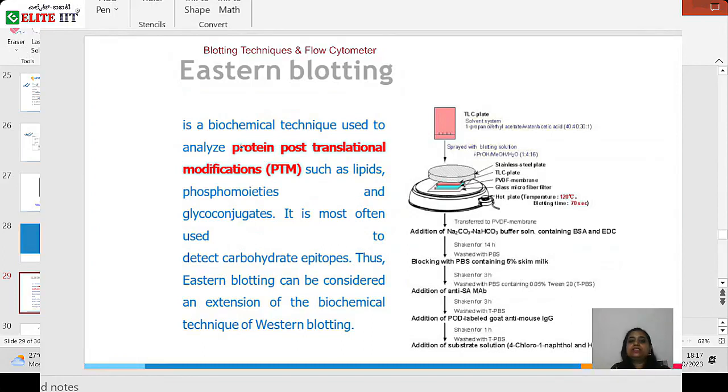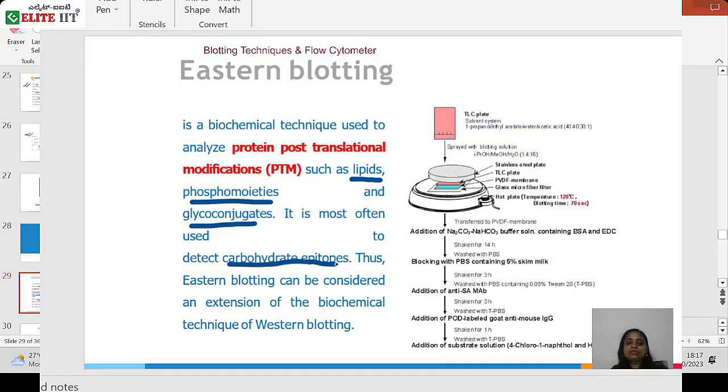Here it is written: Eastern blotting is a biochemical technique used to analyze protein post-translational modification, or PTM, such as carbohydrate may be added, lipids can be added, phosphorus moieties can be added, or carbohydrate moieties can be added after the translation process. Now it is most often used to detect carbohydrate epitopes.